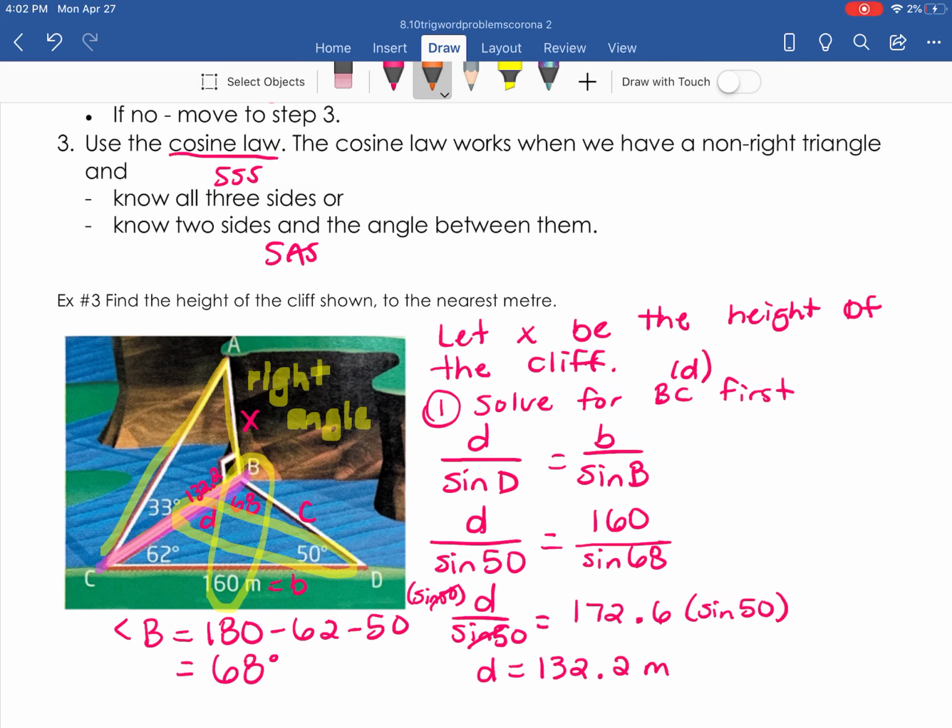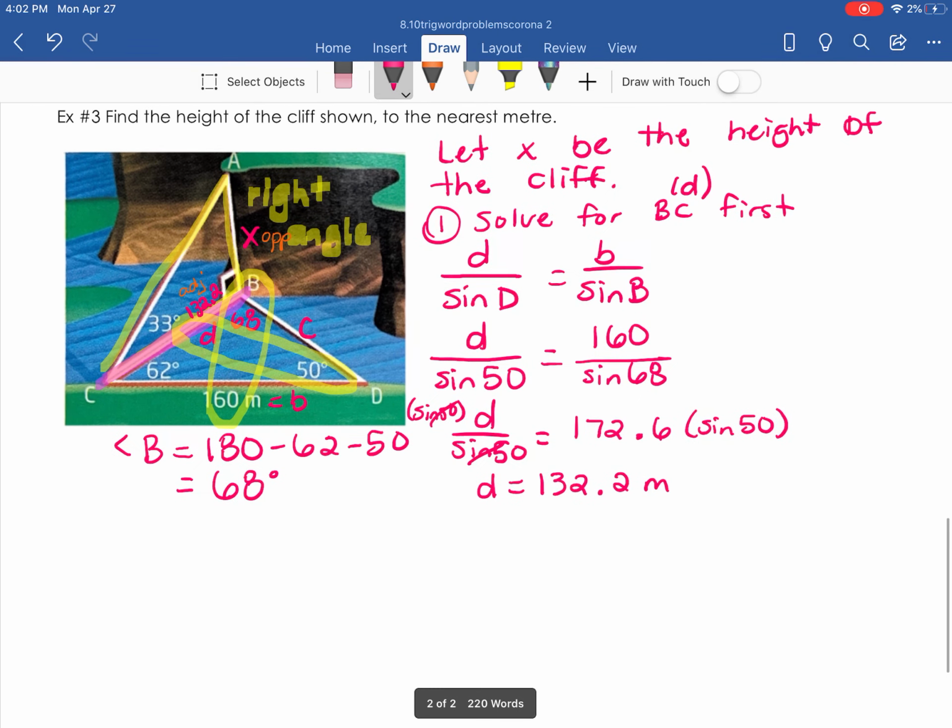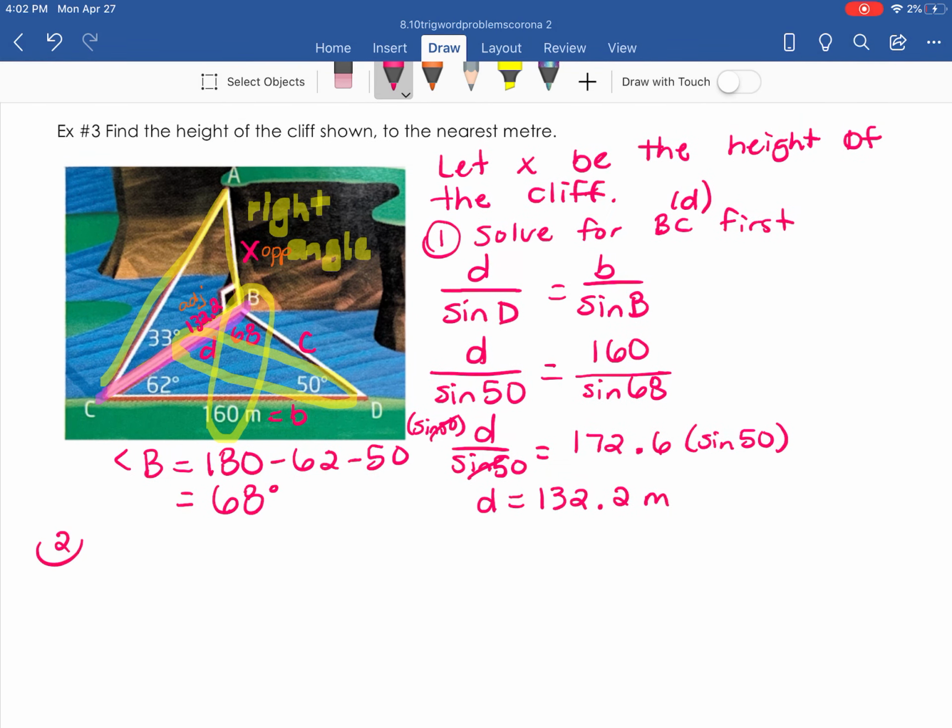Okay, so now we have the side. This to me is the opposite side to 33, and the adjacent side is 132. So just like the other word problems, we're going to use tan. That was very common when we did SOHCAHTOA word problems.